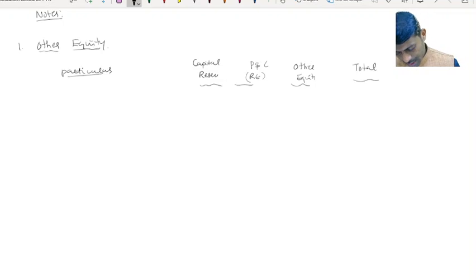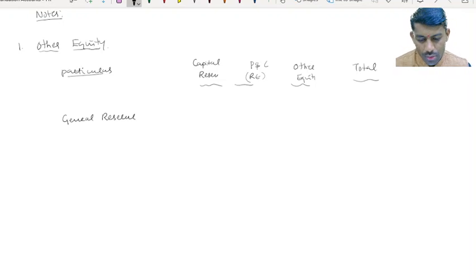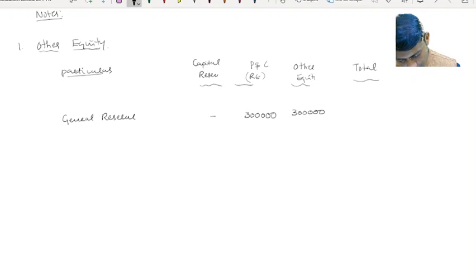First is general reserve. How much is it as per step number 8? 3 lakh. Sorry, 3 lakh has to be written in other equity.